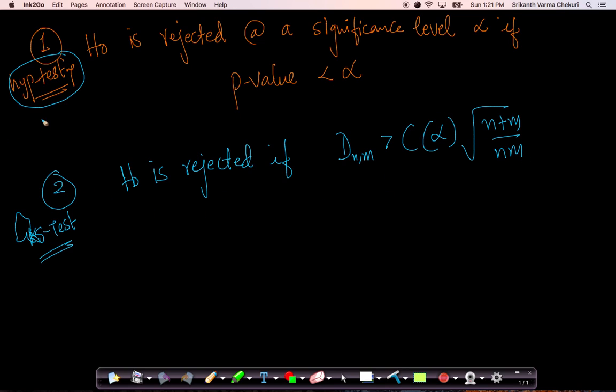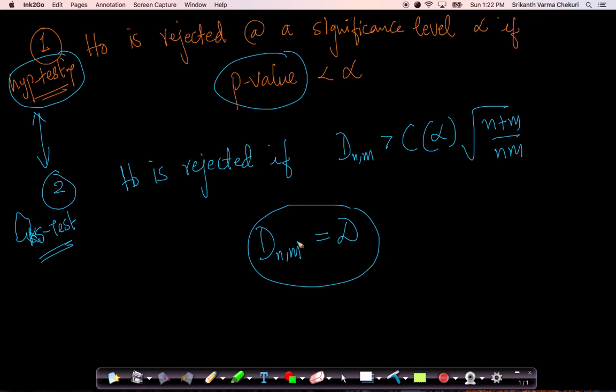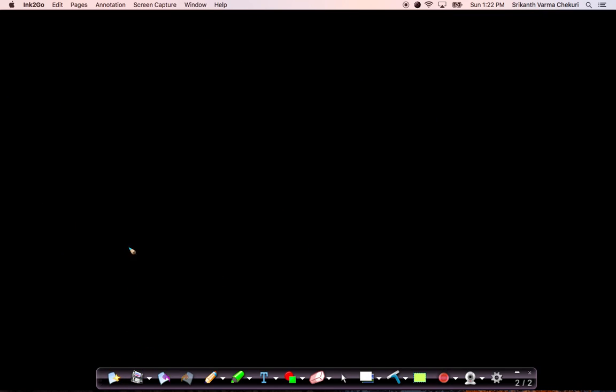So now let's try to combine both of these concepts and compute the actual p-value itself, step by step. From now onwards, instead of writing D n,m, I'll write this as D, just for notational simplicity.